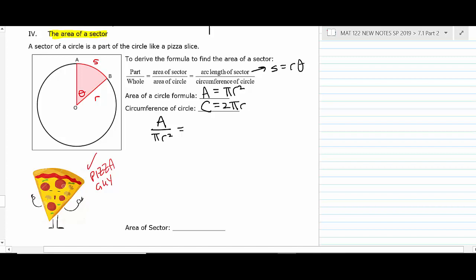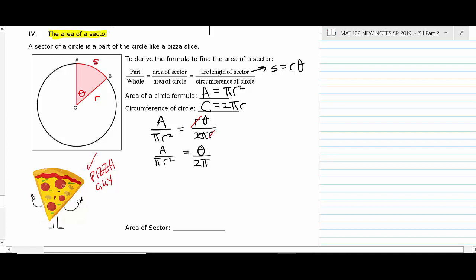So instead of putting S there, I'm going to put r theta. The circumference of a circle is 2 pi r. Notice we have area, r and theta as our only variables. One thing I see is that an r will cancel out, so you would just end up with A over pi r squared is equal to theta over 2 pi.